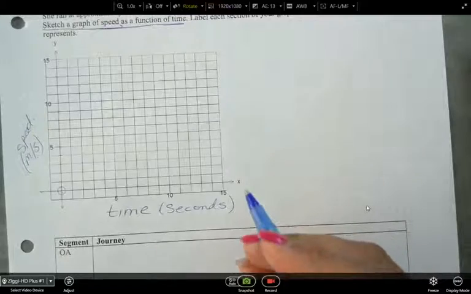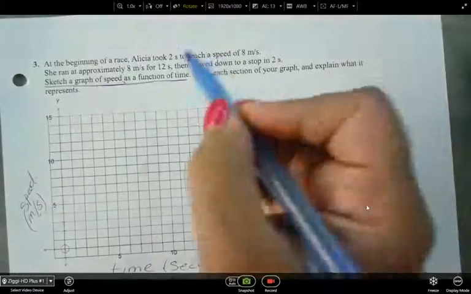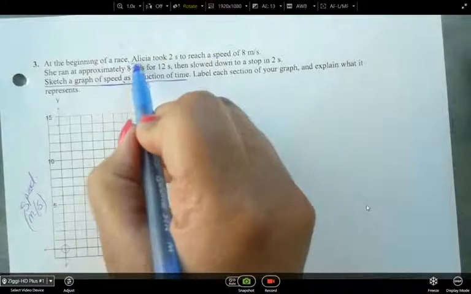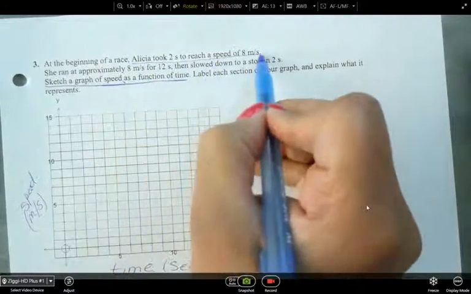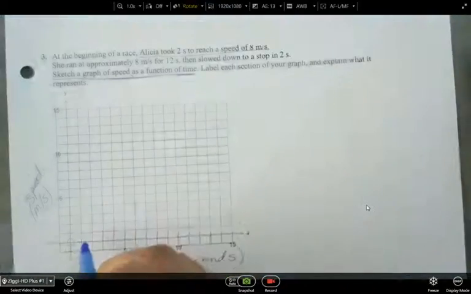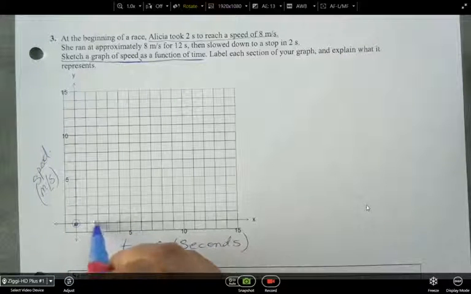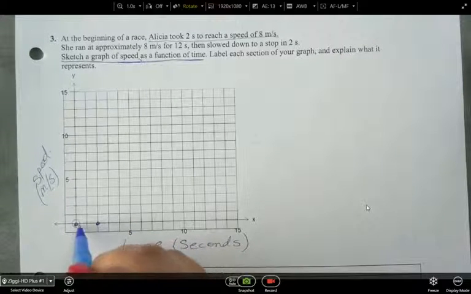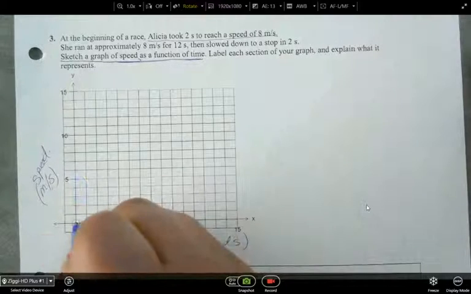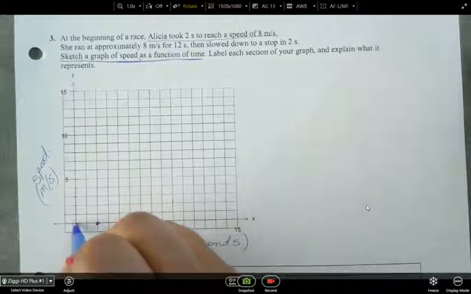So let's look at the first situation. The first little chunk of our story says Alicia took 2 seconds to reach a speed of 8 meters per second. So that means this is 0 and this is my 2, right? In 2 seconds, what does her speed start at? 0.